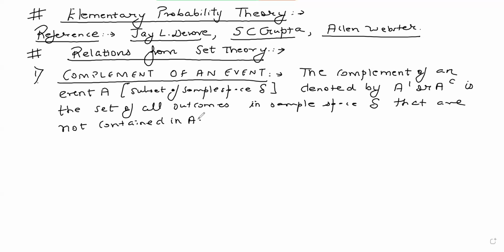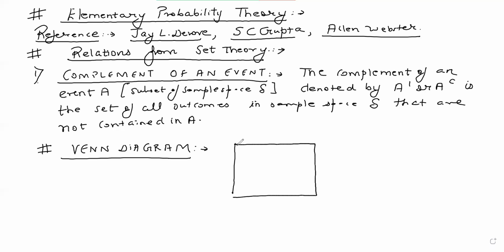Okay, a Venn diagram makes it even more clear. Remember, in set theory, we always represent sets using Venn diagrams. Now we are representing events using Venn diagrams. So suppose this is my whole sample space, delta, which contains the set of all possible outcomes. And suppose I have an event A, which is a subset of delta. You can see that the event A lies within the sample space delta. So this is my sample space, and A is an event.